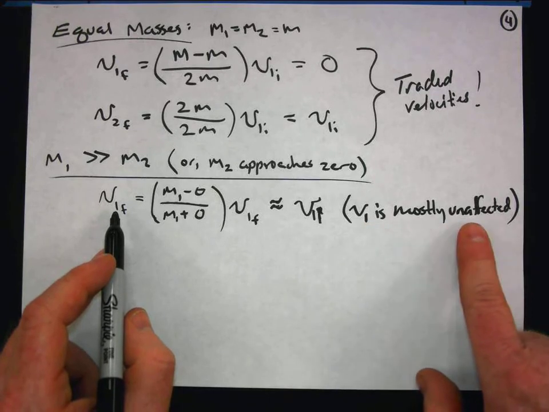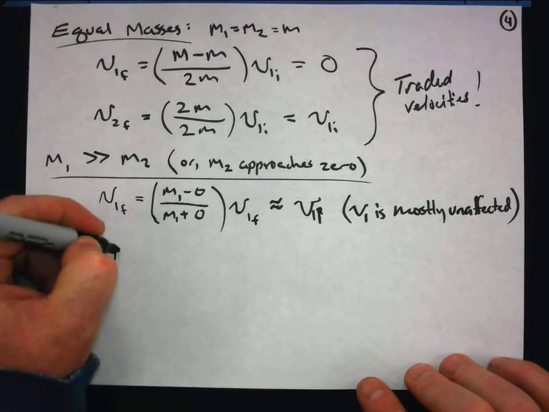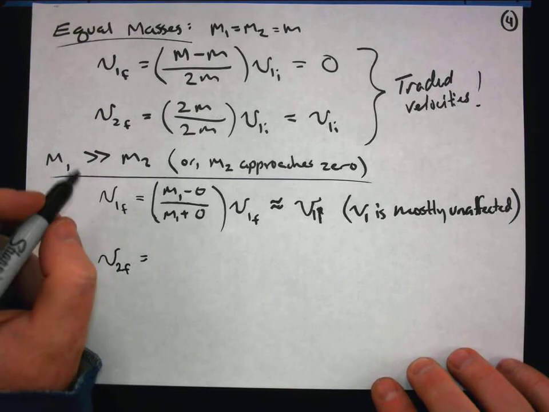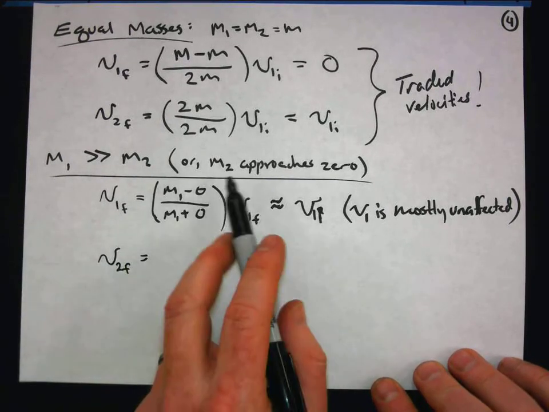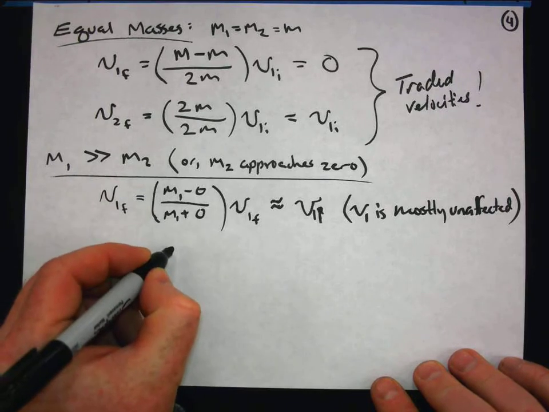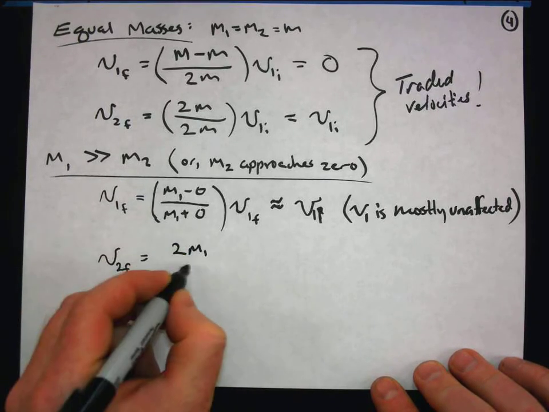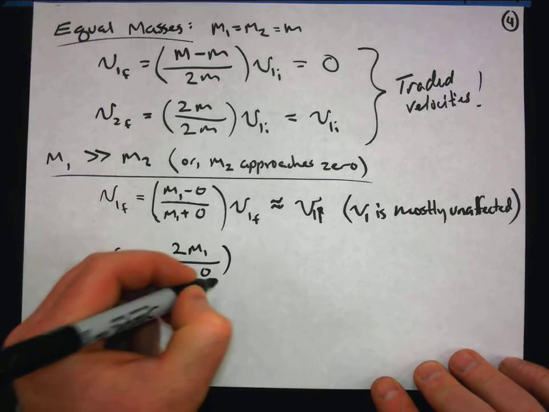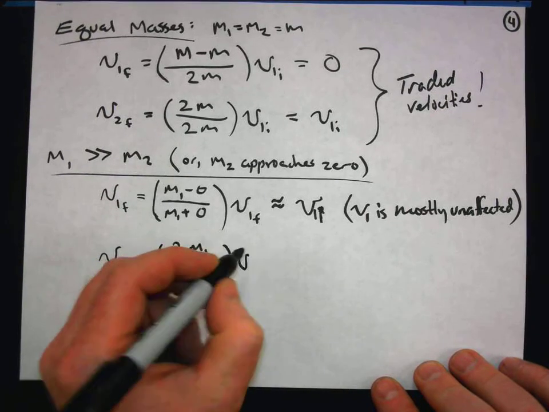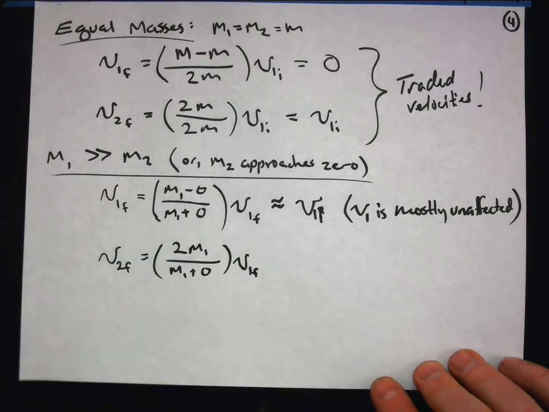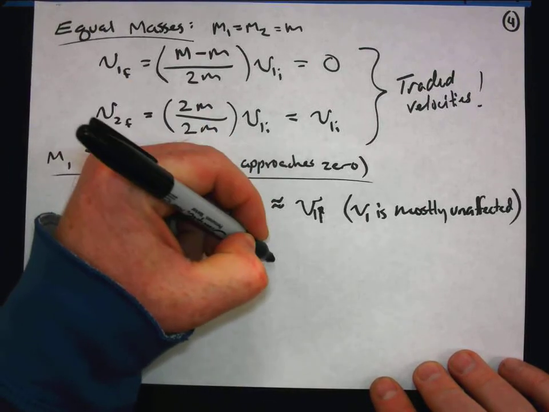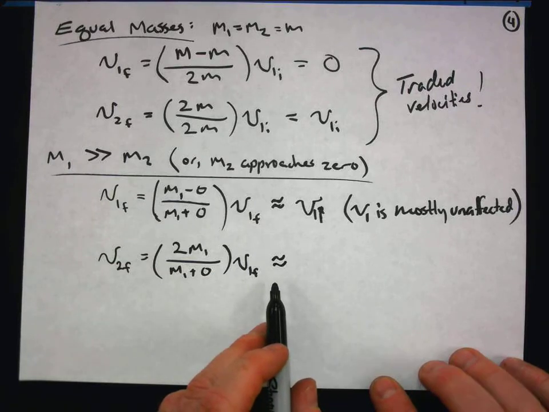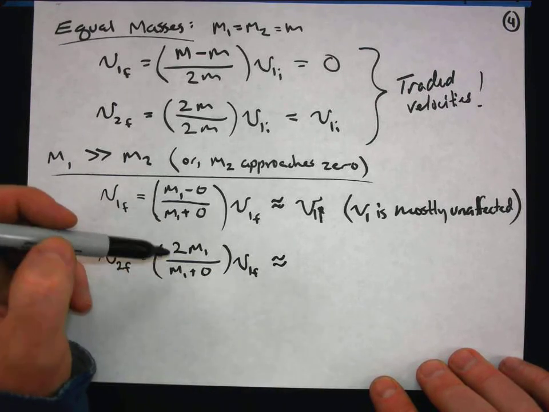Okay, object 2. What is this going to look like? When we say that m2 approaches 0, we have 2 times m1 divided by m1 plus 0 multiplied by the initial velocity of 1. And now, so again, squiggly lines to say that this is approximately equal to, and this is interesting, this fraction ends up having a value of 2.